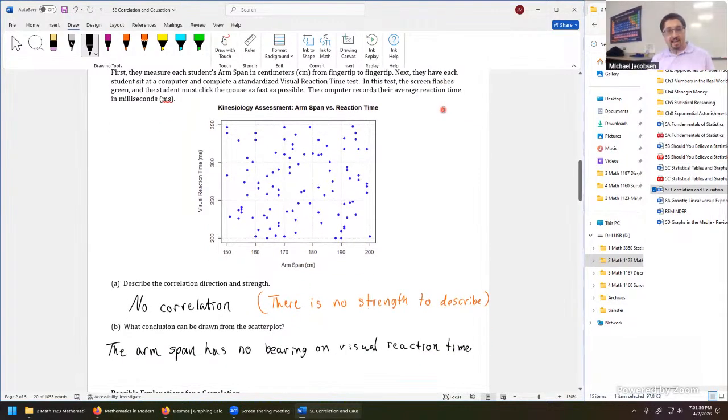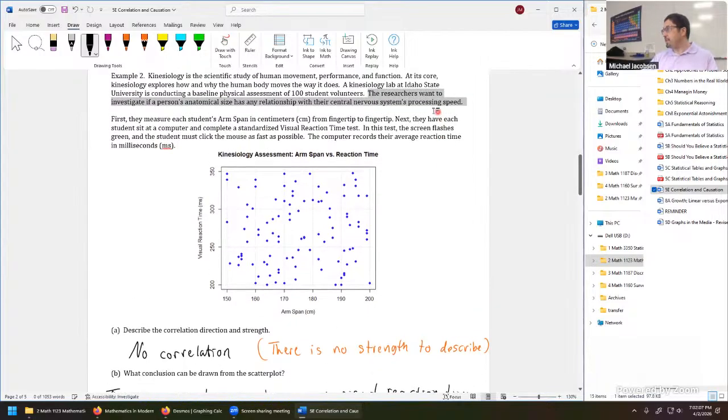And so you could add an extra statement that says there is no evidence of a relationship between anatomical size and, let me double check how they said that, I'll just say central nervous system processing speed.